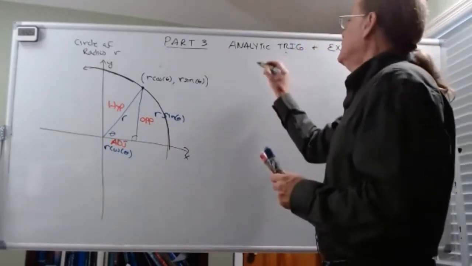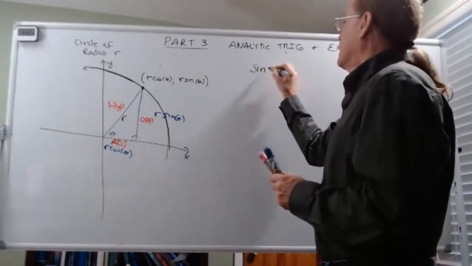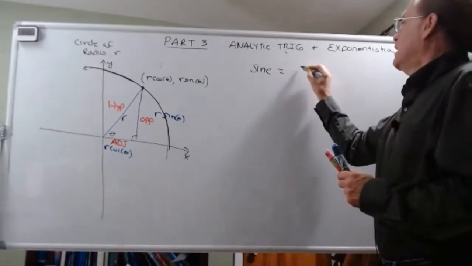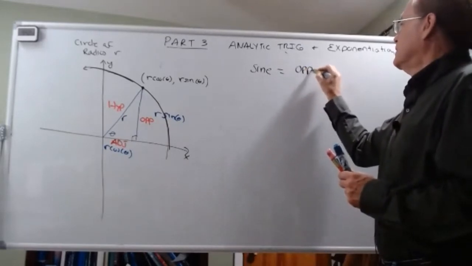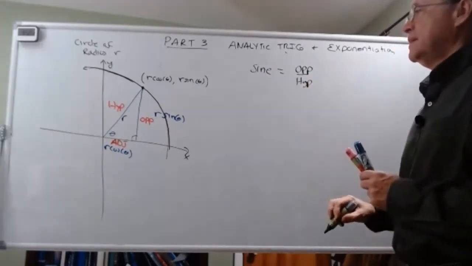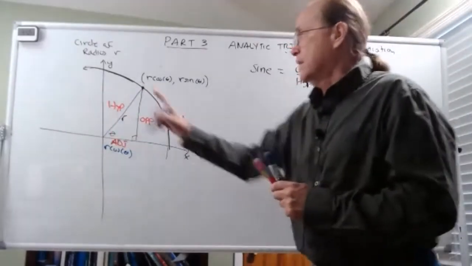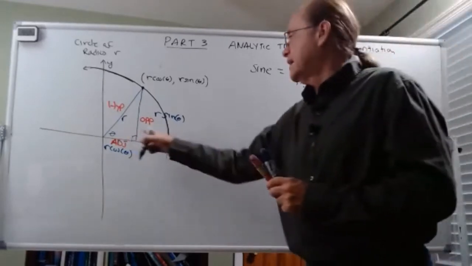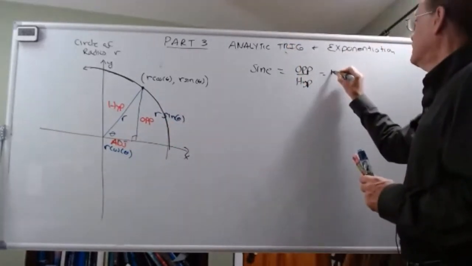We have the sine. Remember, that's defined as the opposite over the hypotenuse. So this length here is r again. Okay, so let's put that in. So the opposite over here of that angle is r sine theta.